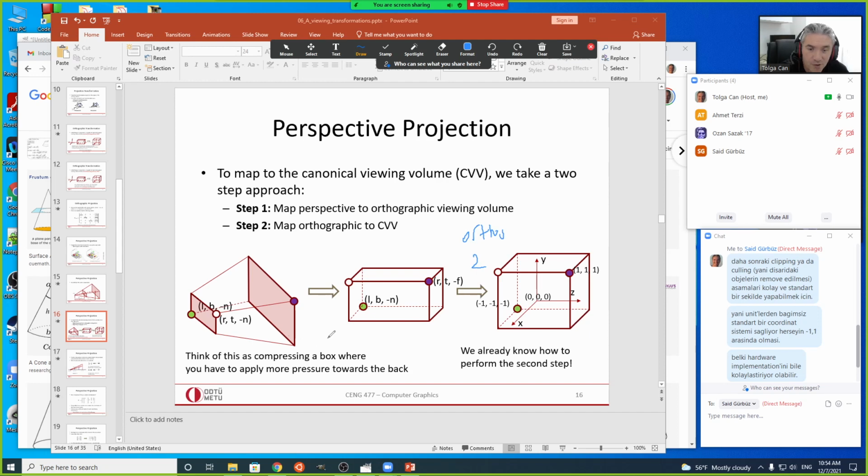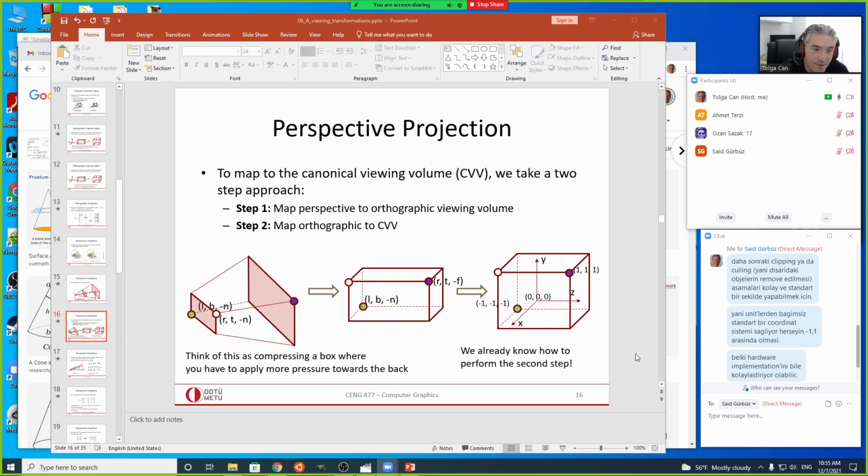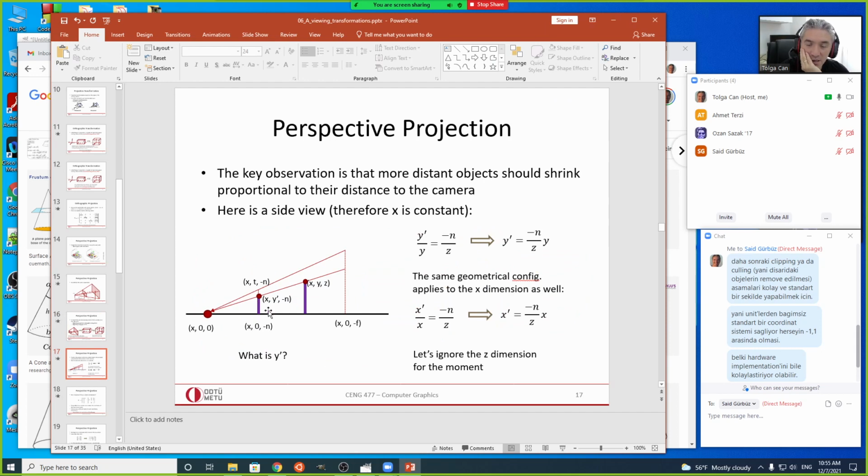So the problem of perspective projection is to convert this frustum into a rectangular prism. And what kind of a projection do we need for that? Let's see what kind of a matrix multiplication we are going to need. Here, we are going to use the similarity of these two triangles to figure out what the y prime is.